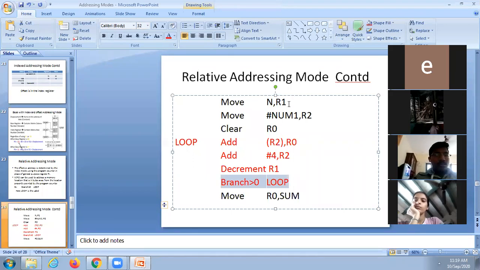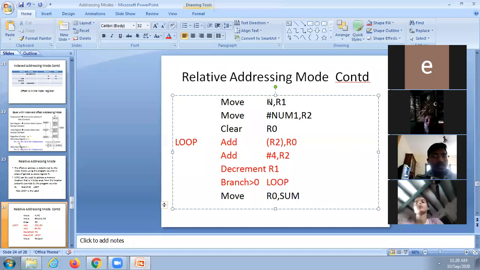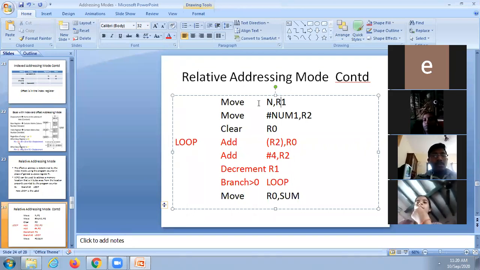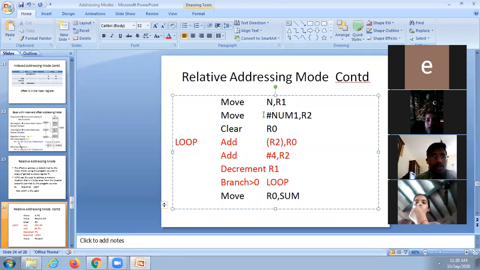What type of instruction is this? This first one, respond, please. Register address. Second one? Immediate addressing. Yes. Third? Implicit. It is not implicit. Implicit means there is no operand at all. Here the operand R0 is there.